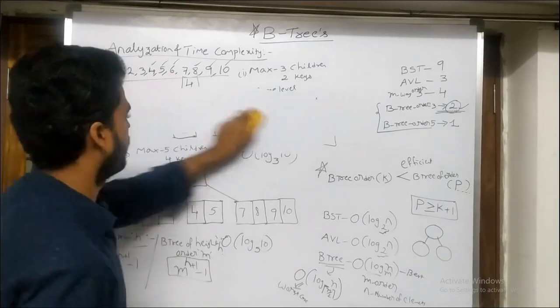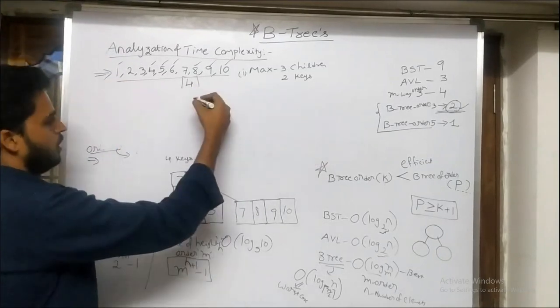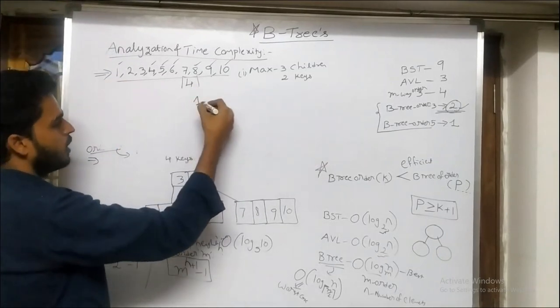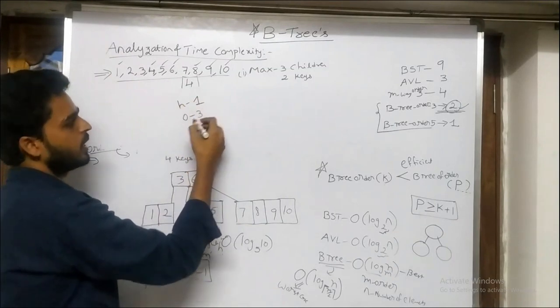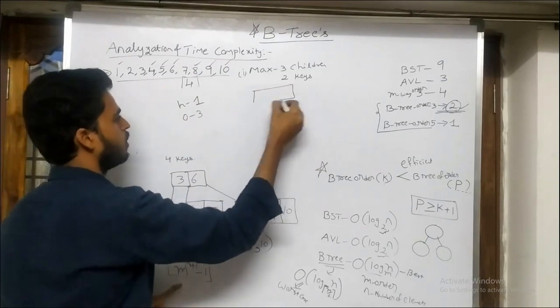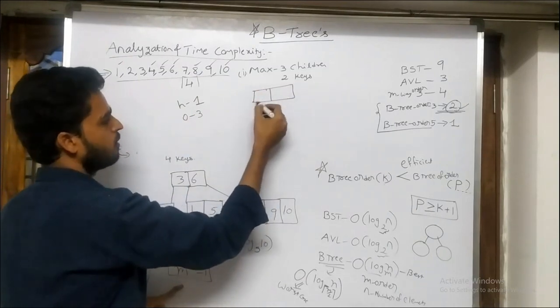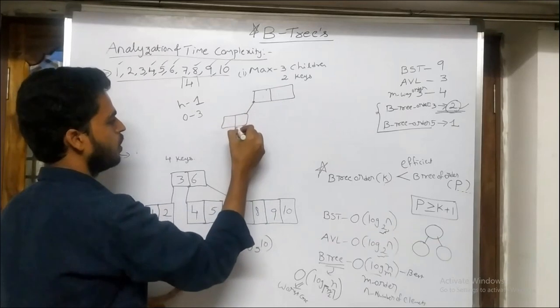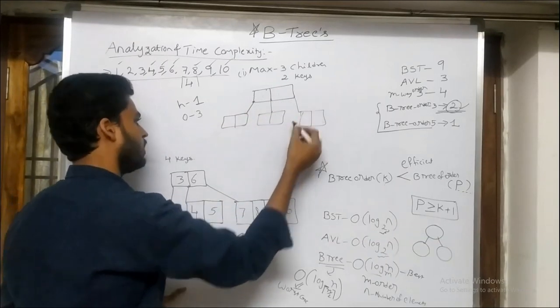For example, let us note down all these. A B tree of height 1 and order 3. Let me draw the maximum. Order 3 means keys K1, K2, and here also 2 values, here also 2 values, here also 2 values.